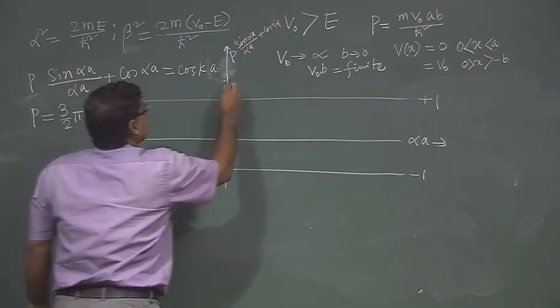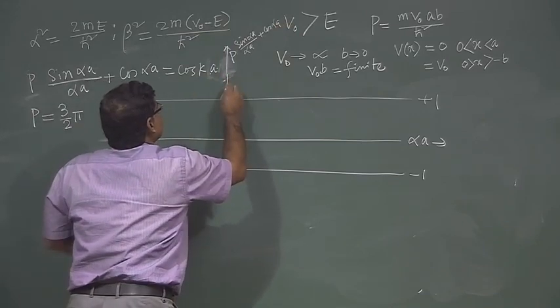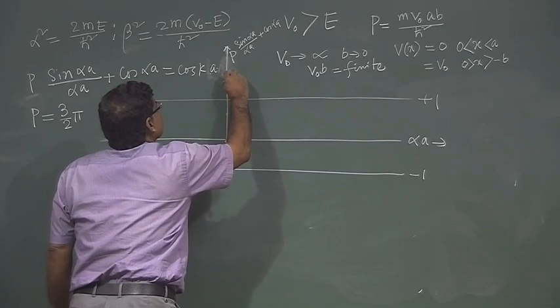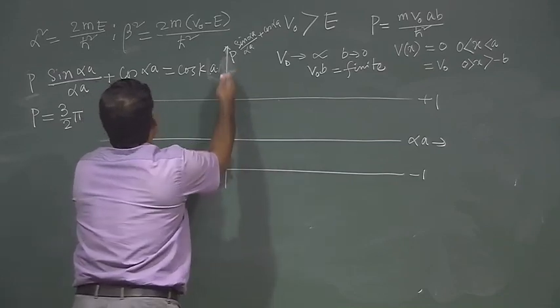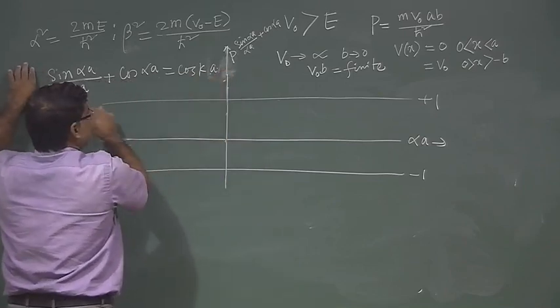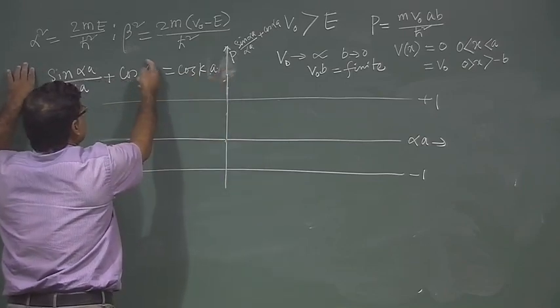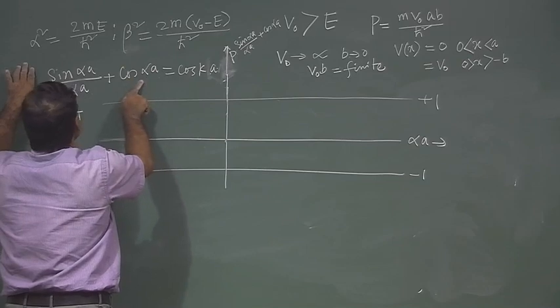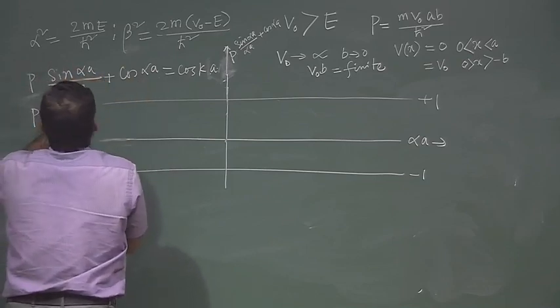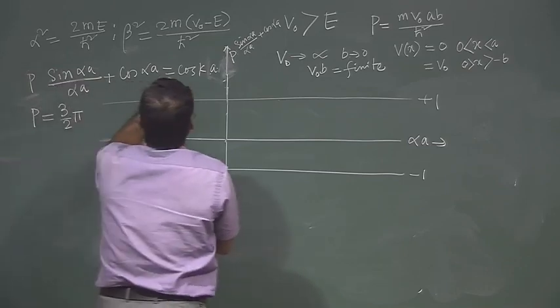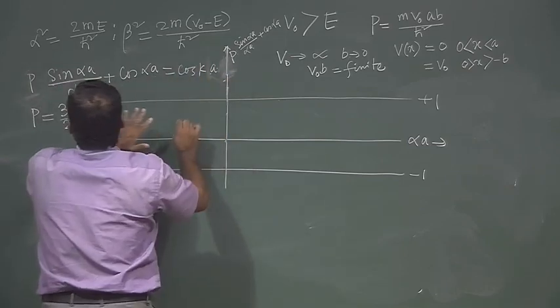So, if you plot, you will get basically this type of thing. So, at alpha a equal to 0, it will have maximum value, right. So, this part will be 1, and this part will be plus this basically.